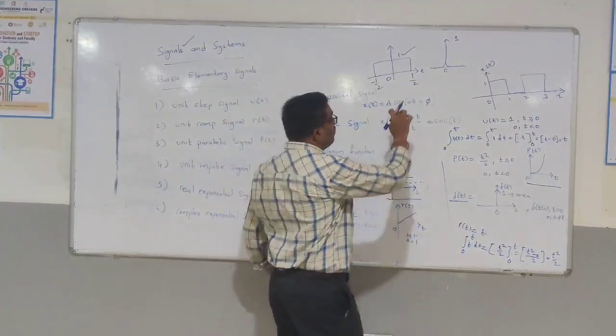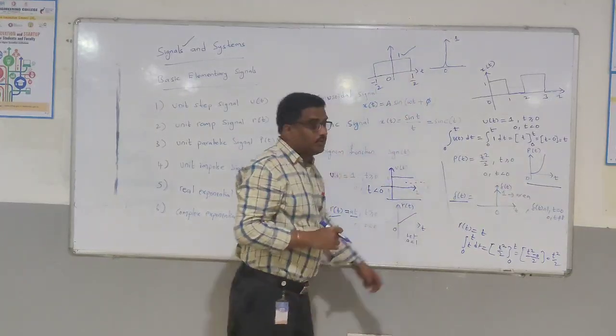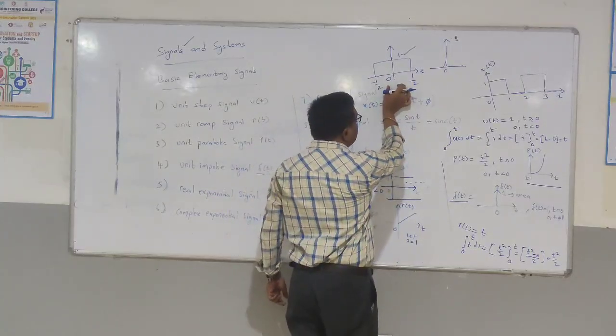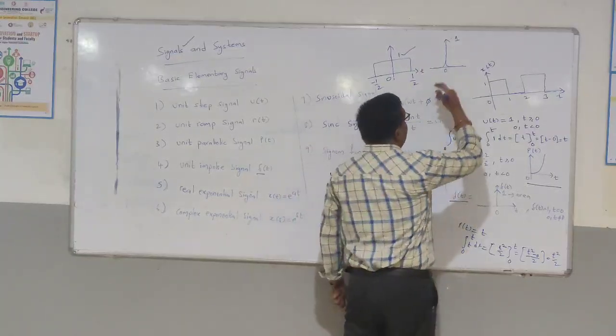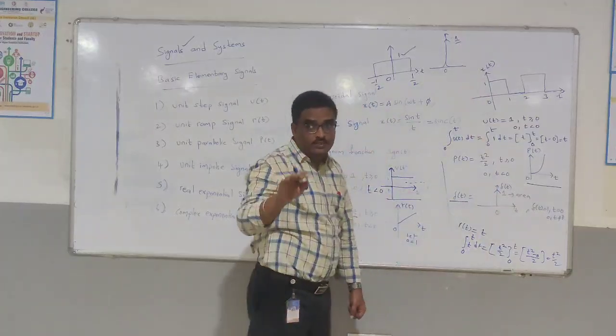But I am able to know the area of that signal by using length and width. Here the width is 1 and the length is 1, so the area is 1. This 1 represents the area of the signal.